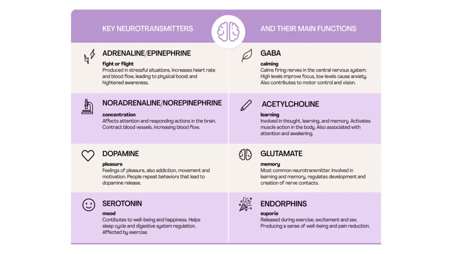Then GABA is for calming. GABA has a calming reaction. GABA, calming. CG, you can learn it like CG itself. Nowadays we usually ask how much CG did you get in college.